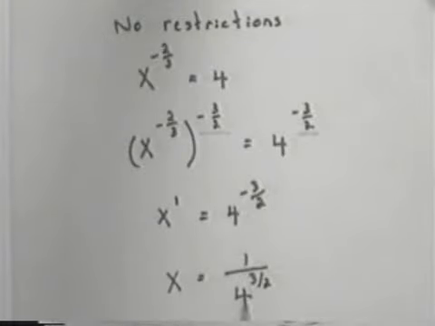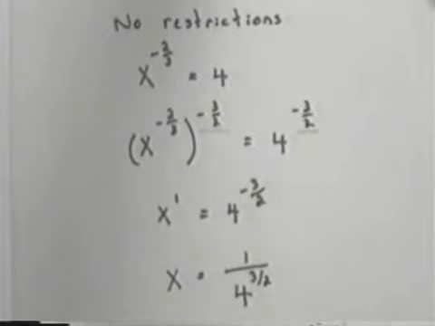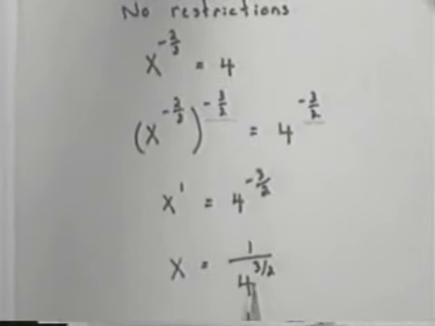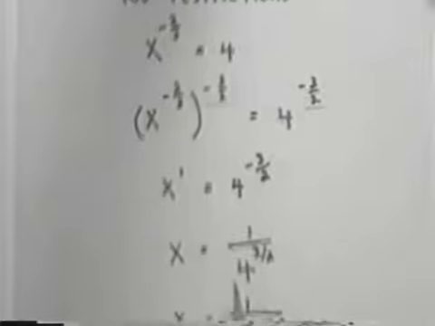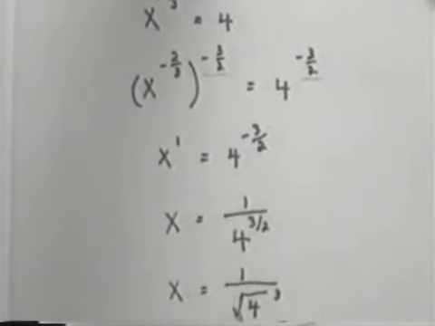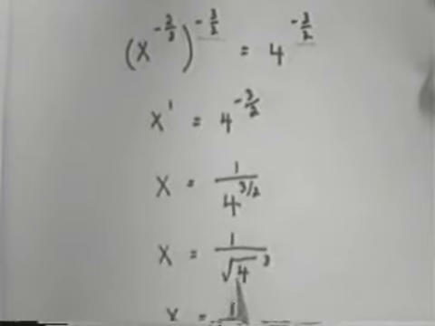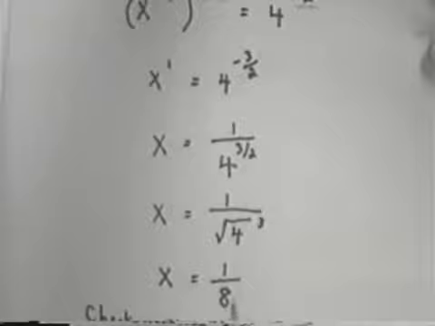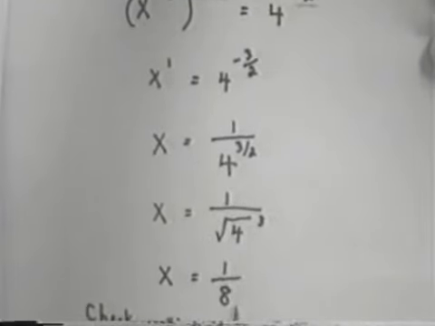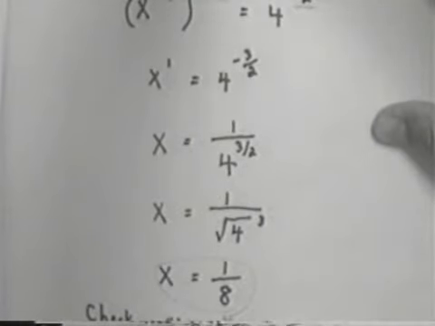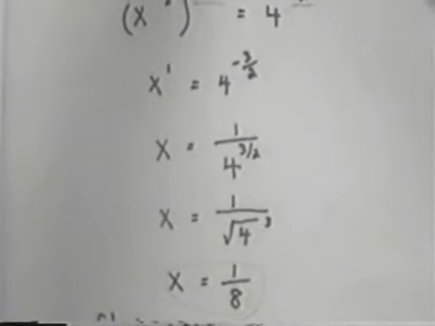So I have 1 over 4 to the 3/2. Now I'm going to change it to radical notation so I can evaluate it. So I have 1 over the square root of 4 cubed, which is going to be 1 over 8. The square root of 4 is 2. 2 cubed is 8. So I think that x is equal to 1/8 is the solution.